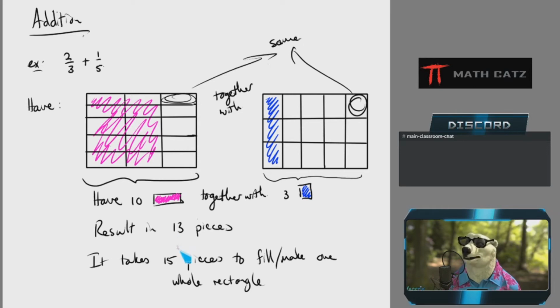I now have 13 out of the 15. So we end with 13 fifteenths.